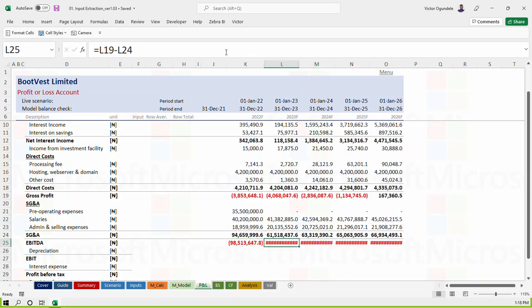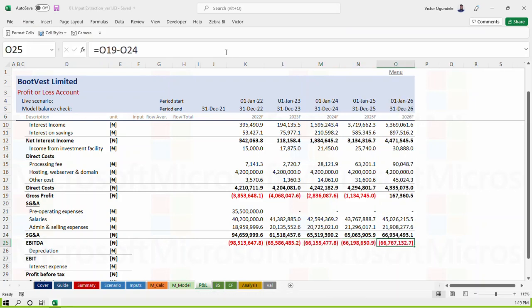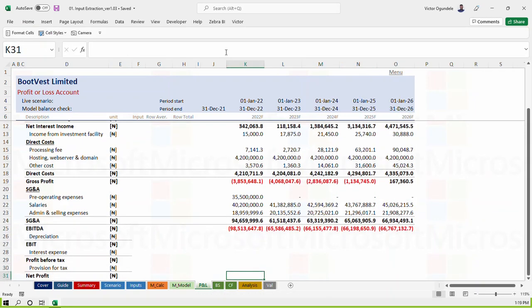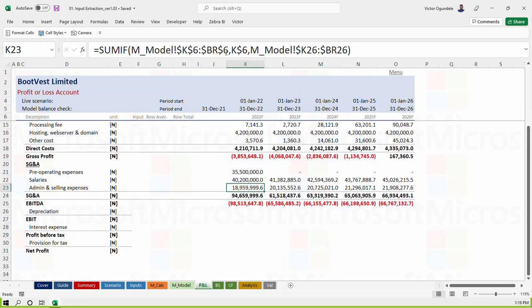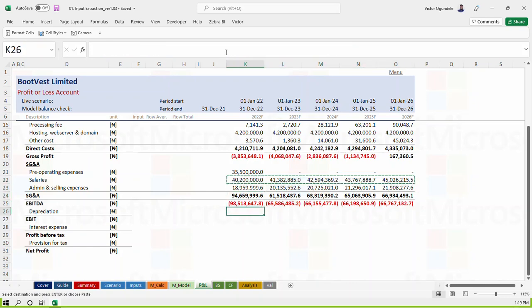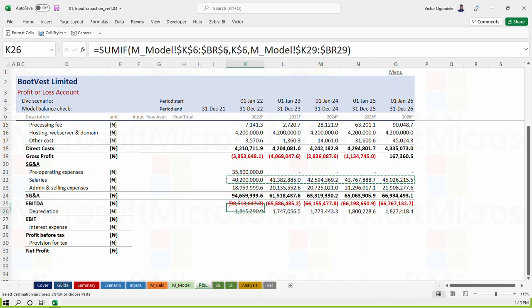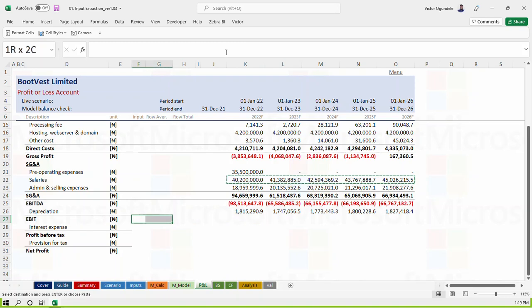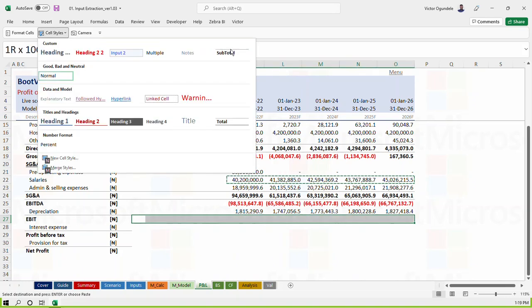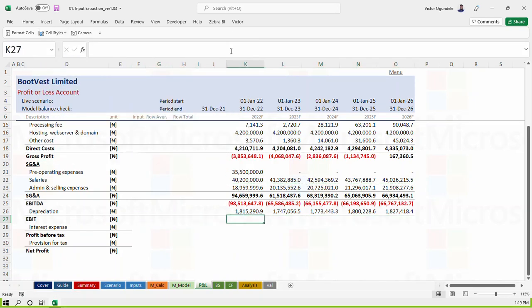Then we have this. For depreciation, you can just copy this and put it here. So our EBIT.